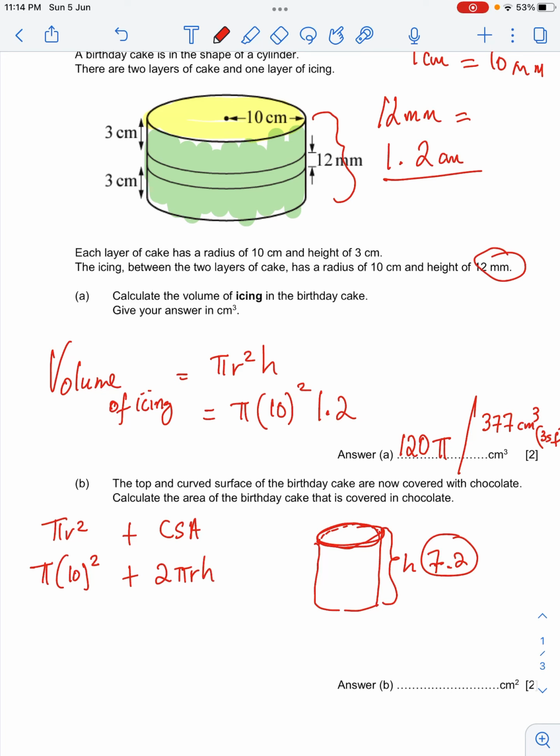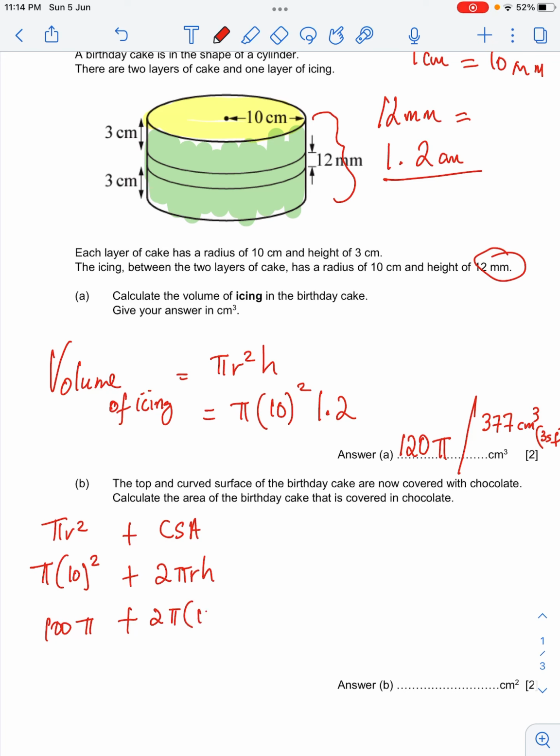So I'm going to calculate that. So let me remove my drawing here, just through that to give you an idea. So this is my 100 pi plus 2 pi. The radius is 10. The height, as we were saying, was 7.2. Okay, right.